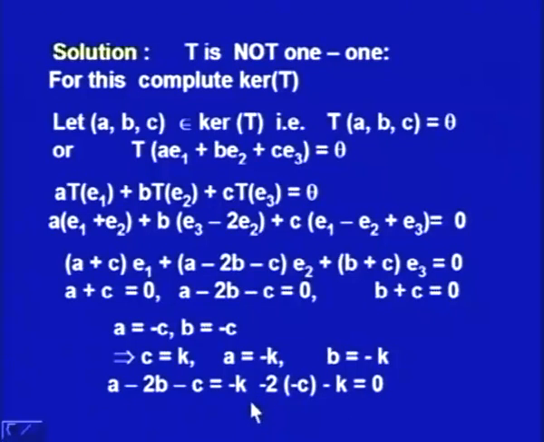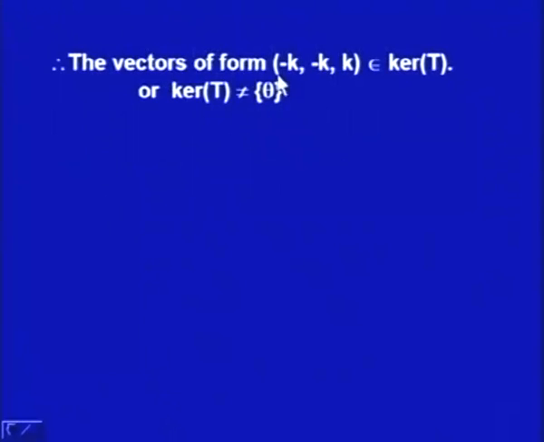Accordingly, the vector of the form (minus K, minus K, K) belongs to kernel T. K can be any scalar and it may be 0 also, but it may be non-zero. That means there exists a non-zero vector in kernel T.